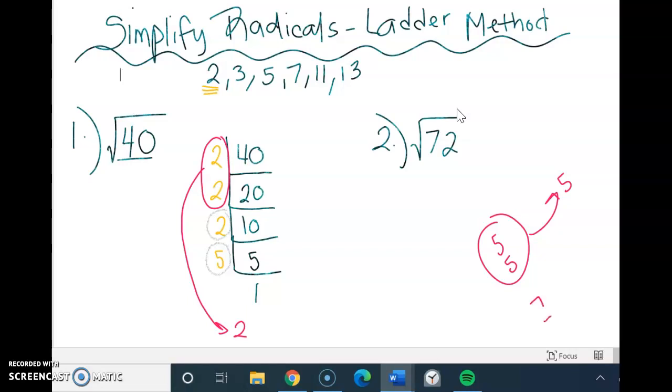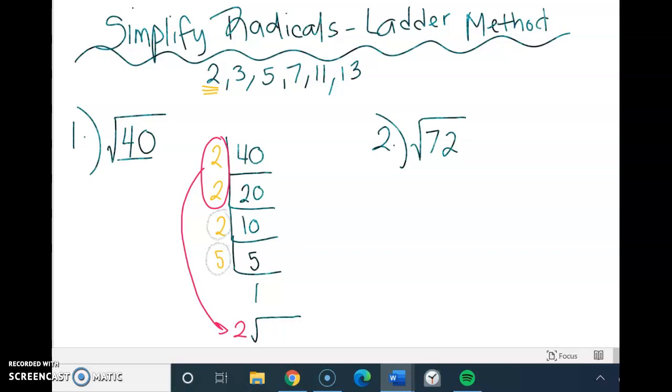If I had a pair of 7s, those would merge to become 7. Whatever pairs you have are going to merge to just become one of that number. After I've merged my pair to just become 2, that number always goes in front of the radical.